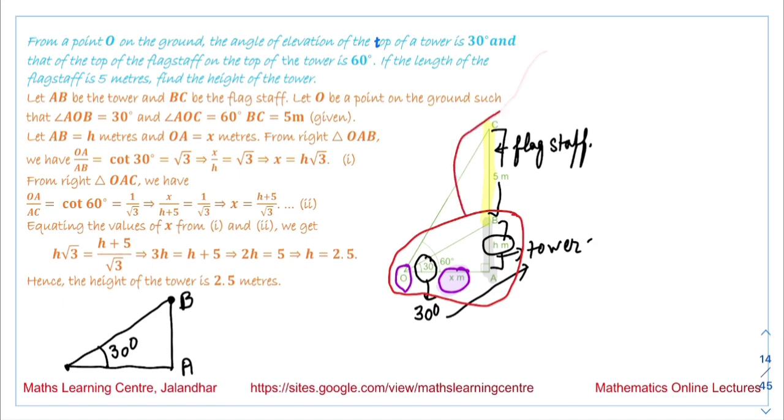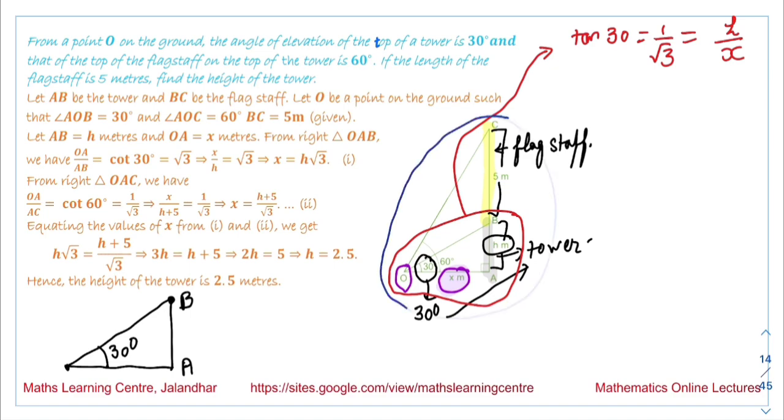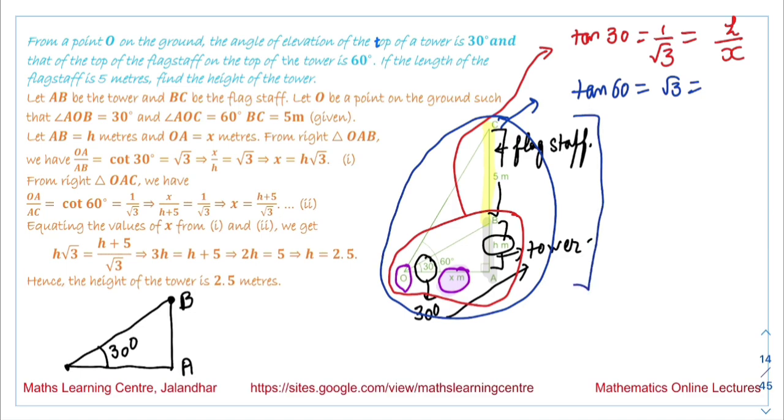AOB. Now in this triangle AOB, we have tan 30 that is equal to 1 by root 3, that is equal to h by x. In the second, larger triangle, we have tan 60, that is equal to root 3, equal to the total height, h plus 5, divided by x.